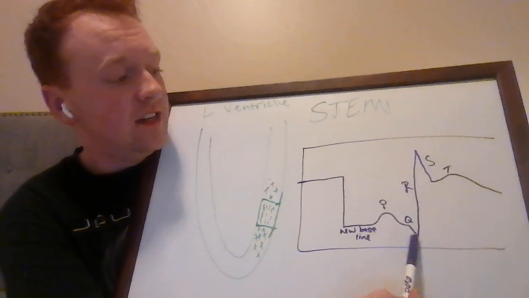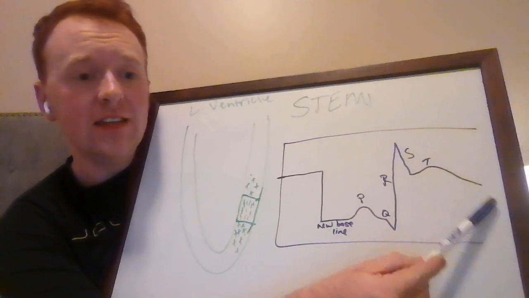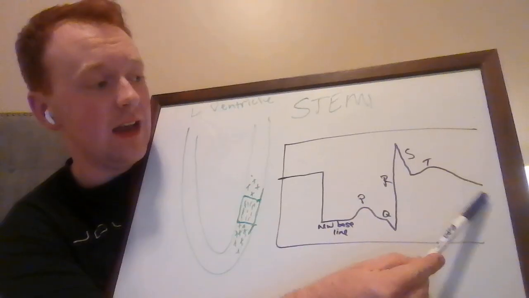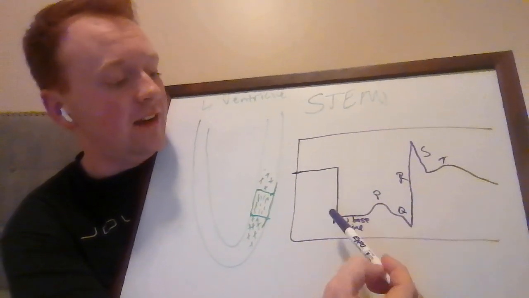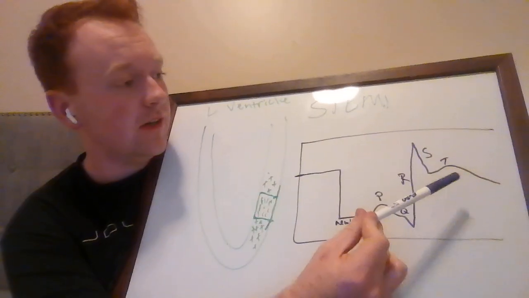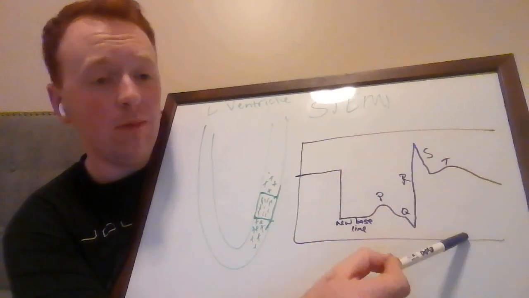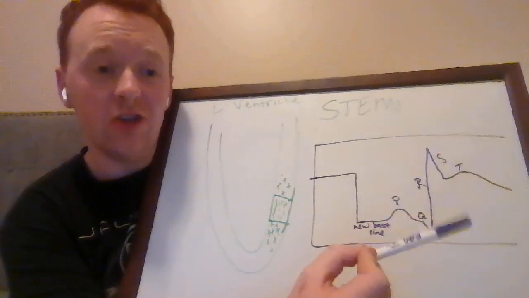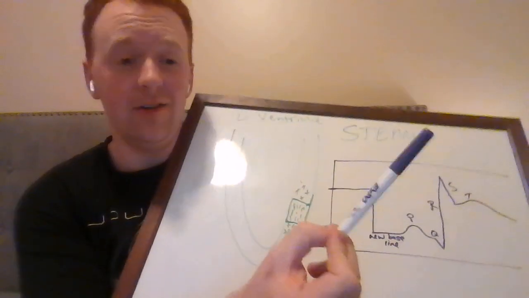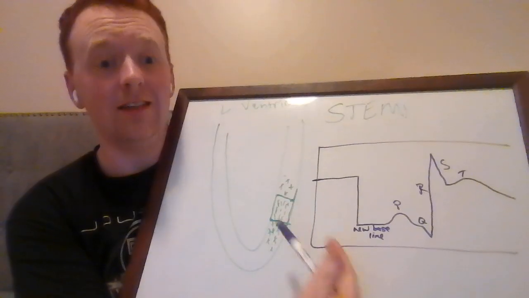Then after the T wave, this is the end baseline, I guess, where it's trying to get back to either one of these, but is kind of confused on which one to go to. And so the S wave doesn't go down past the R wave anymore, and it's very short. This causes an aneurysm.